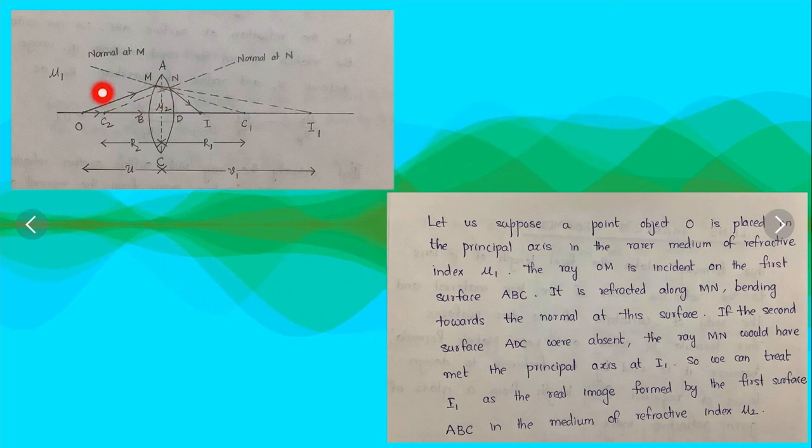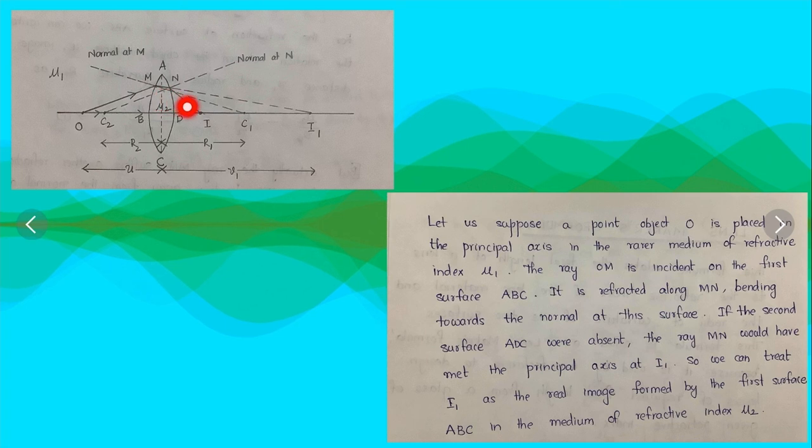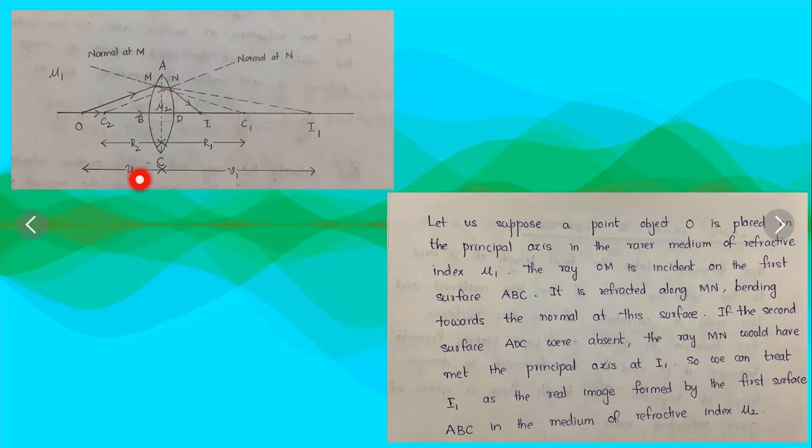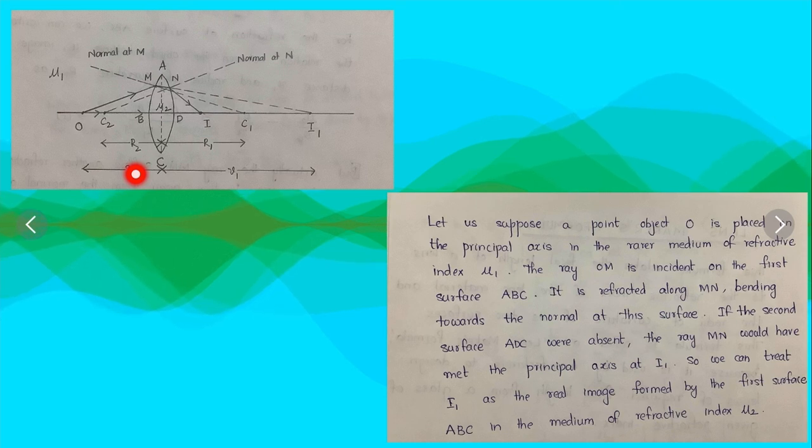Here we have drawn a normal at M. It passes through the center of curvature C1. So MC1 is the normal at the point M. If the second surface ADC were absent, the ray MN would have met the principal axis at I1.